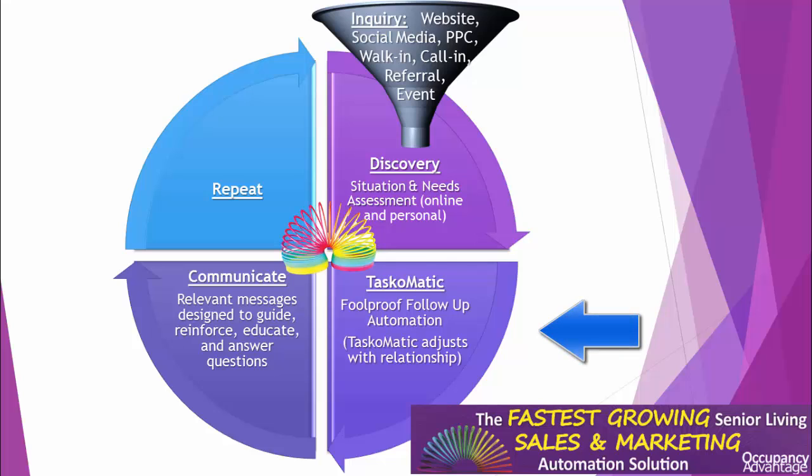And based on what you learn in discovery, you launch them on the appropriate follow-up Task-o-matic designed to keep them engaged, educate them, and move them to the next step in the sales process by providing them relevant messages and resources. You then repeat that cycle over and over again, just like a Slinky. We like to say until they buy, cry, or get a restraining order, whichever comes first.